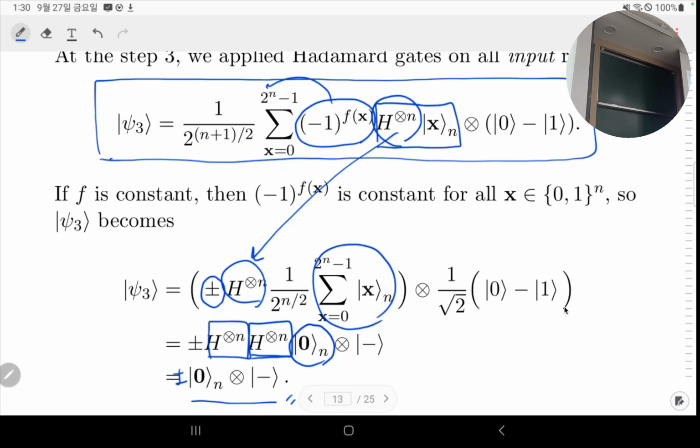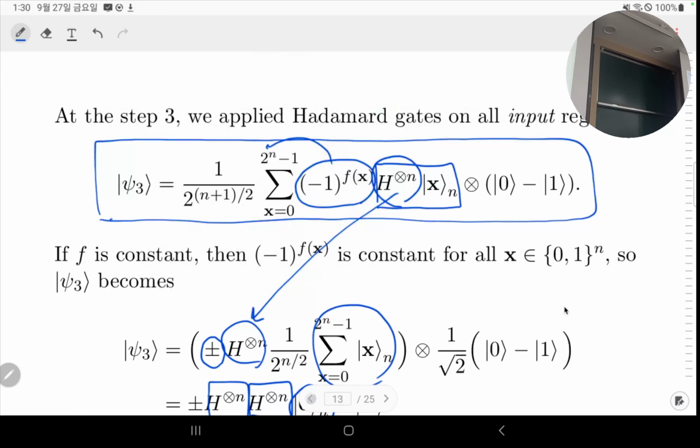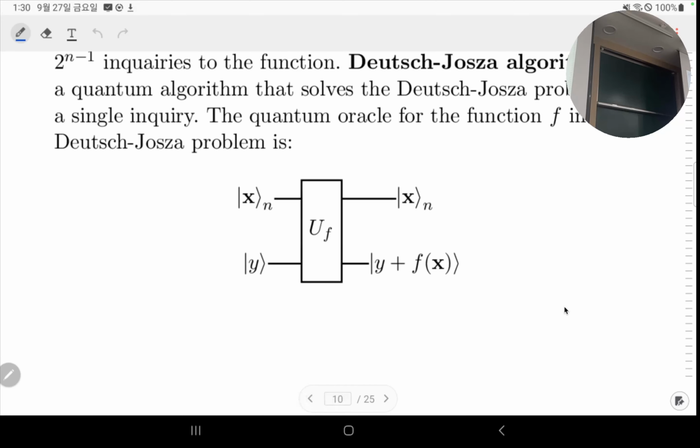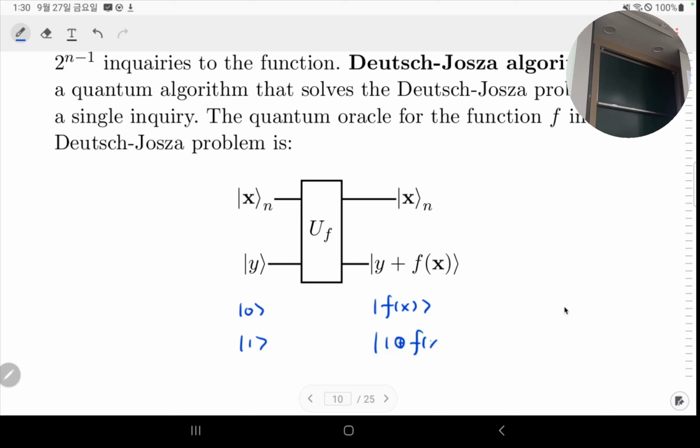So look at, maybe I should go here. So this is the oracle, okay? So if y is 0, then this becomes simply f of x. If it's 1, it becomes 1 plus f of x. Okay?